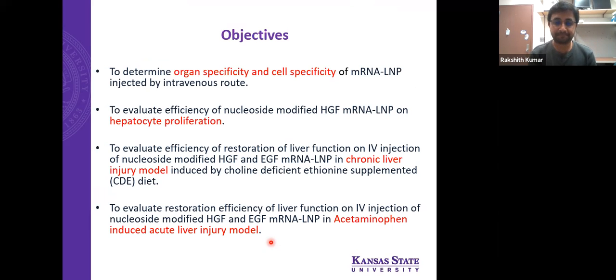Also, they studied this mRNA, encoding hepatocyte growth factor and epidermal growth factor, in the CDAA-induced chronic liver injury model, as I explained before. And they tested the same combination of HGF and EGF mRNA in an acetaminophen induced acute liver injury model.